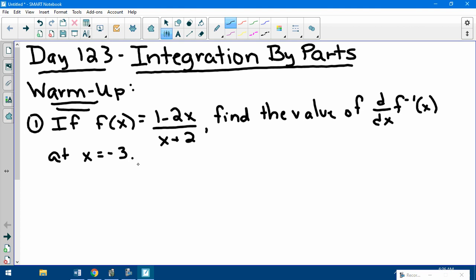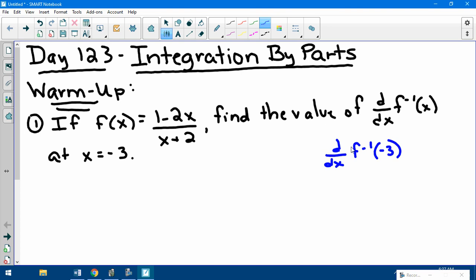Okay, so this is that tricky derivative of an inverse thing. And you could, in this case, find the inverse, switch x and y, take the derivative, plug in the number. But it's a little more work than the other way, and there are some times when that's not possible. So it's been a while since we've done one of these, but remember, if I'm looking for the derivative of f inverse of -3, that's essentially what this is saying, find the derivative at x equals -3.